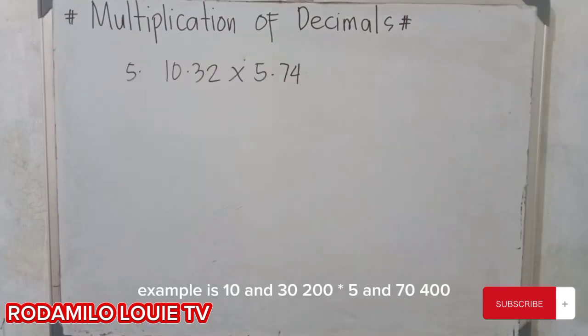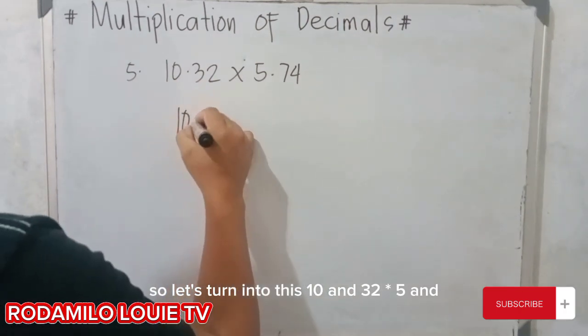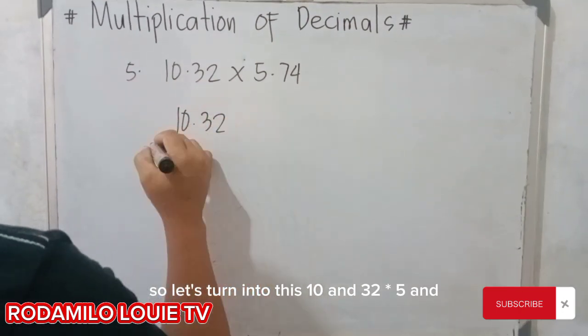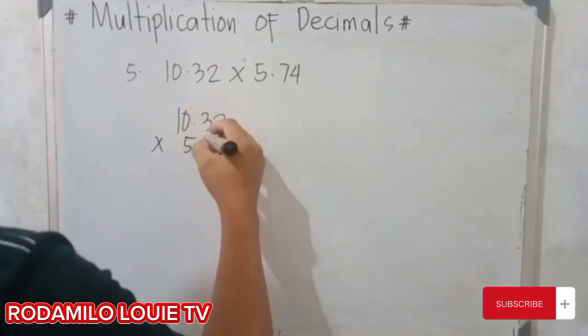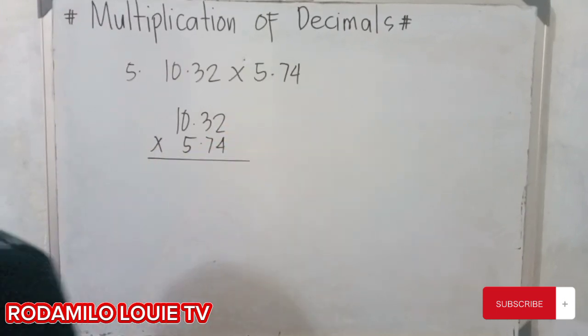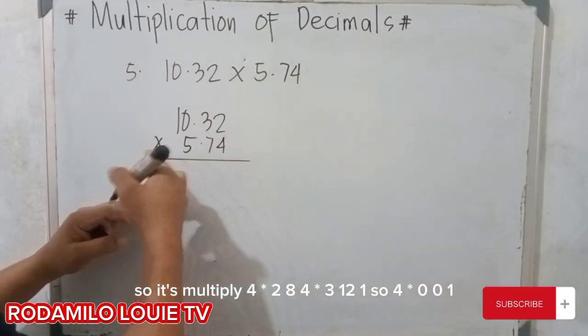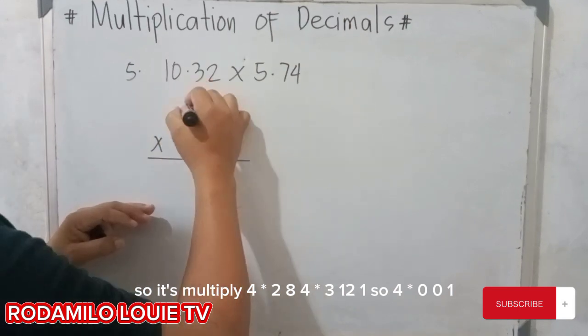One more example is 10 and 32 hundredths times 5 and 74 hundredths. So let's start, guys. 10 and 32 times 5 and 74. So let's multiply. 4 times 2, 8. 4 times 3, 12, carry 1.